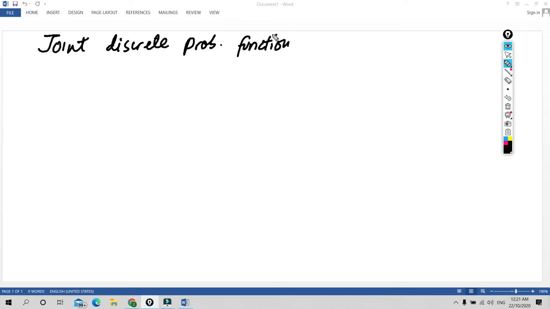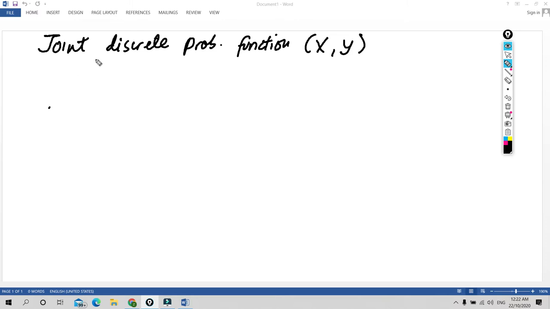Now for the joint discrete probability function, the properties say the following. This is for two variables, x and y. The joint probability function means you have two variables.